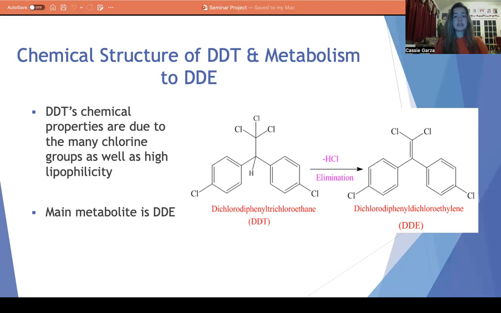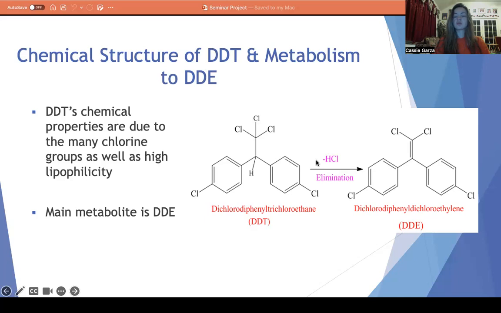So DDE is the single major metabolite of DDT. With this image here, you can see exactly what's missing. You're missing a chlorine group here on the end, and that'll create a double bond here. You also end up missing a hydrogen atom from here.